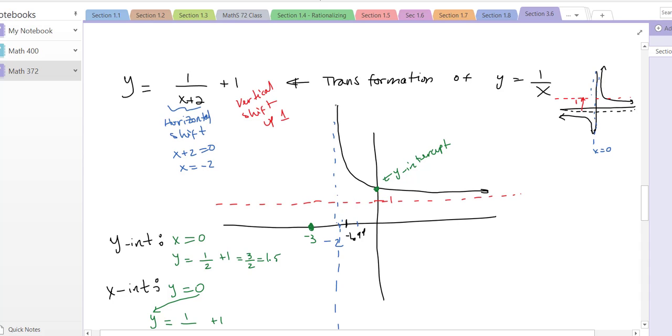Plus, I know that this is a transformation of the 1 over x graph, so it should go to positive infinity. And then here, along the vertical asymptote, it goes to negative infinity. So there's my x-intercept, and then we go down to negative infinity, and we get close to the asymptote here.